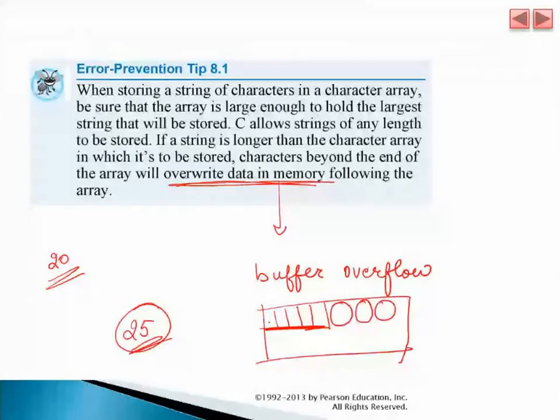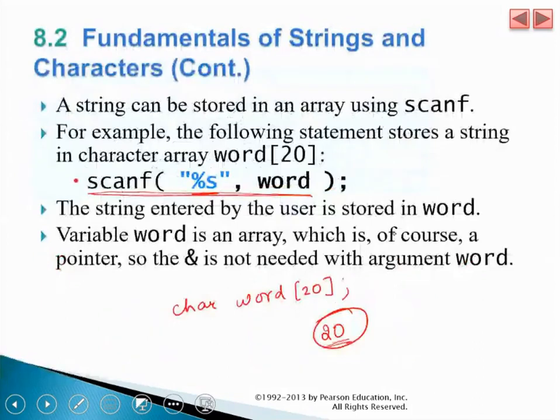Your program will overwrite these things, and this generally happens in C. When you learn about computer security, you will learn about buffer overflow attacks. There are many attacks possible through the C language which allow us to read the memory content of other programs as well. And that happens only because of the size mismatch. You have reserved a little less space, but you are giving input for larger space. So please keep in mind that this should not happen.